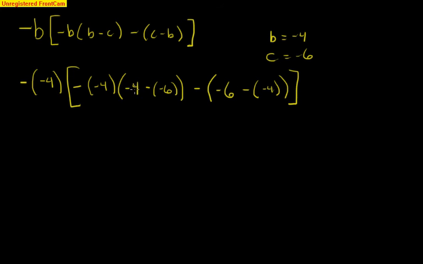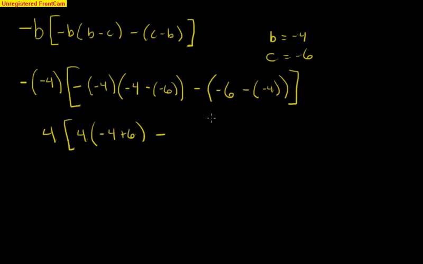So I'm going to rewrite this again and get rid of all these extra parentheses. I'm going to simplify this as well. This is 4. And this is going to be positive 4 times, this is negative 4 plus 6. Get rid of some of those parentheses.